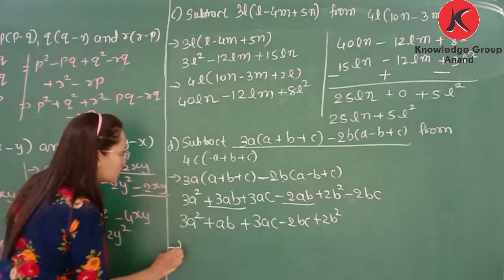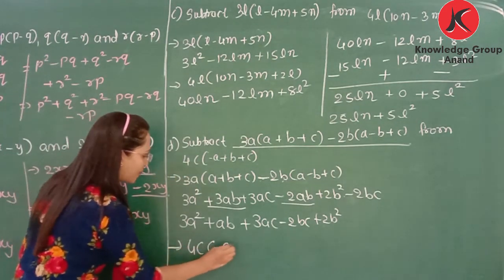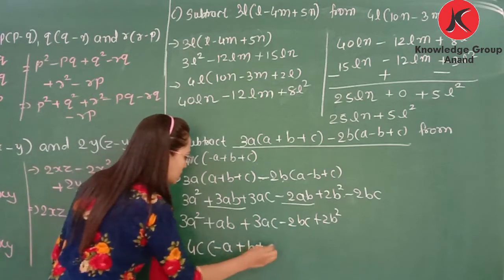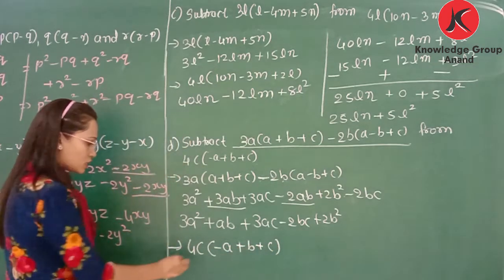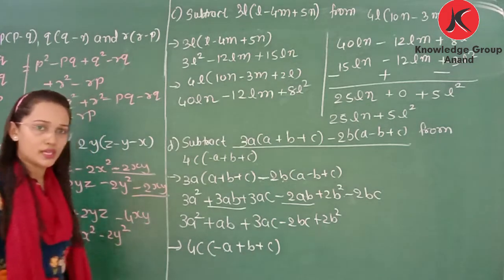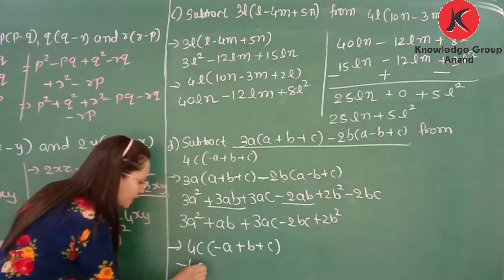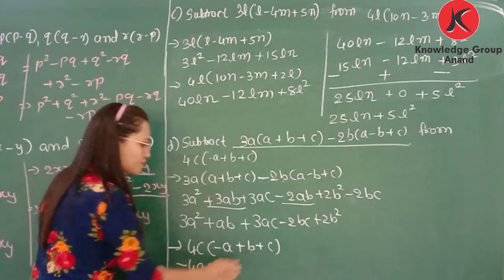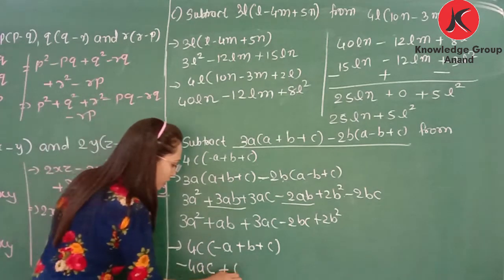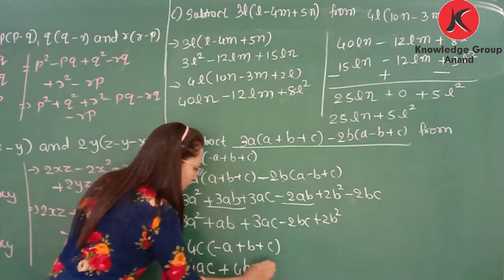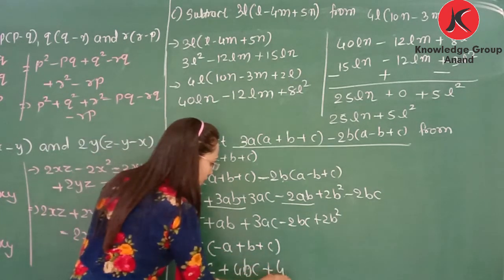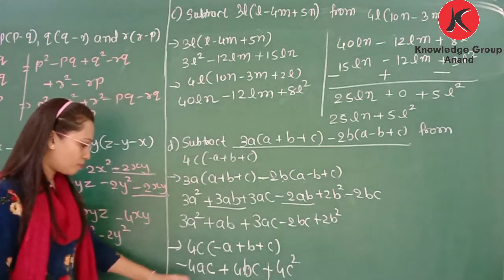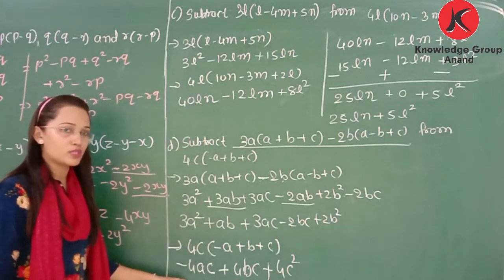The second expression is 4c into bracket (minus a plus b plus c). Now we simplify this. 4c multiplied with minus a becomes minus 4ac. 4c multiplied with b becomes 4bc. And 4c multiplied with c becomes 4c square. Now subtract this one from this one.